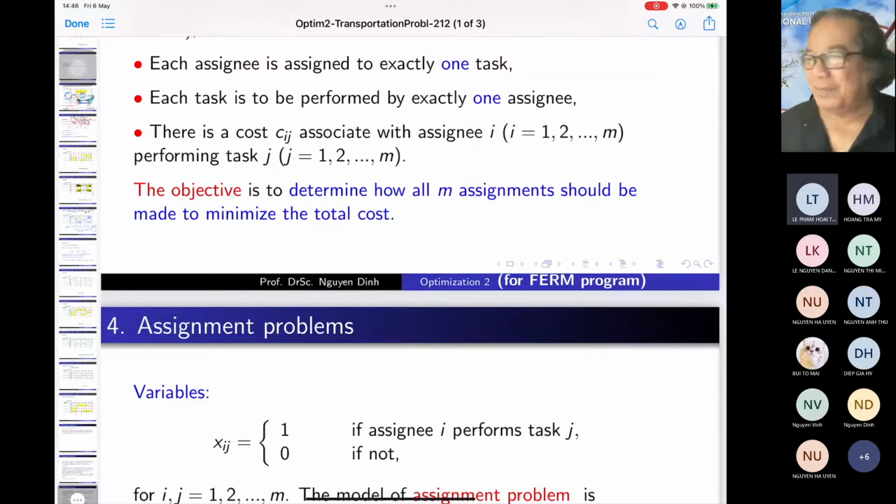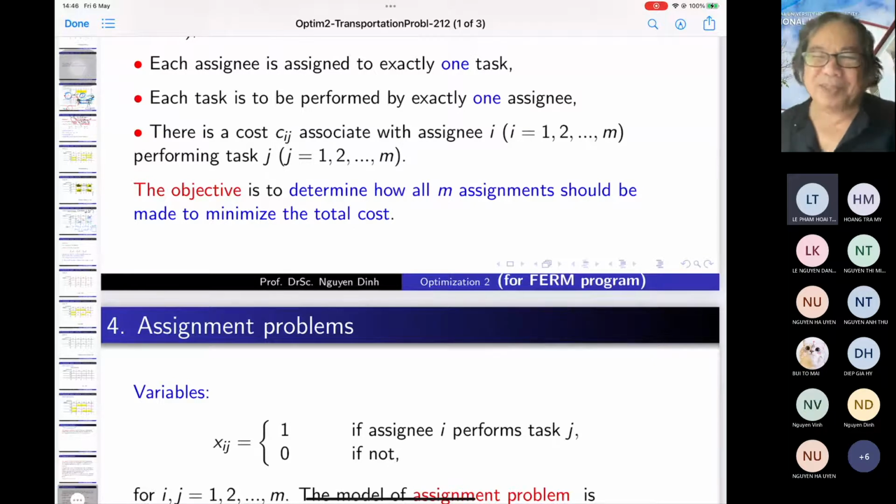So for example, you have three places and 3 people in the company, how to arrange these 3 people to 3 positions in a suitable way, so that the cost is minimum.